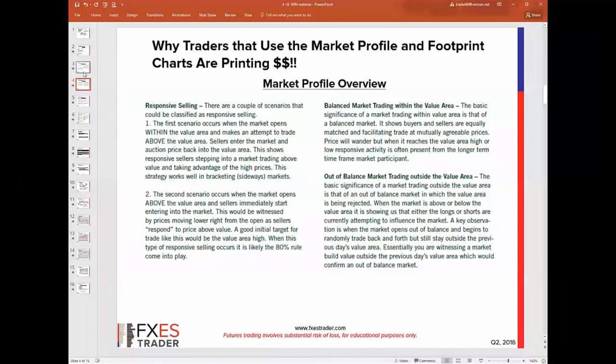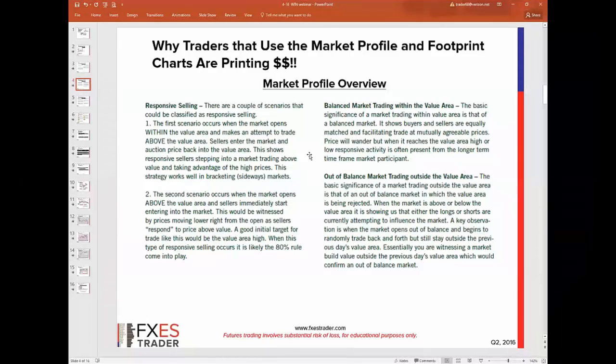But the key thing to understanding responsive selling, and whether it's responsive selling or responsive buying, is that the market will open within the value area, make an attempt to trade above it, and sellers enter the market and auction price back into the value area.